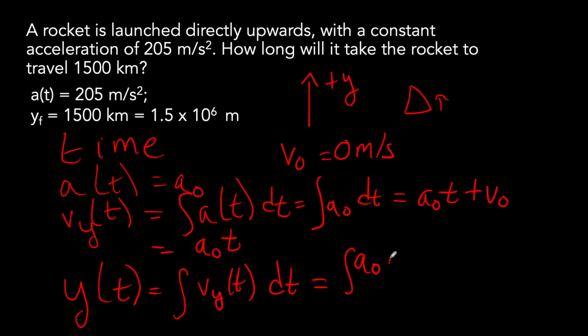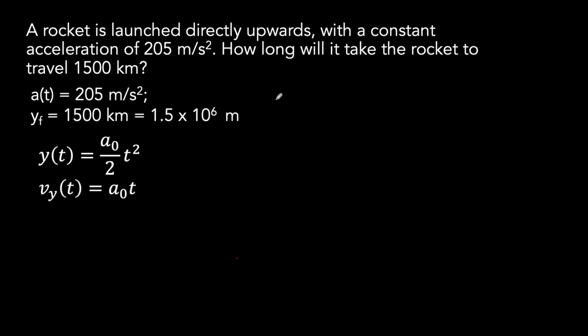I'll be integrating a0 t dt, which is a0 over 2 t squared plus, well, I know I don't have any initial velocity, so that's 0 t, plus, I'm guessing I start at 0 meters, assume that the rocket is on the ground at the 0 point. So then I can just say that y f equals a0 divided by 2 times t squared.